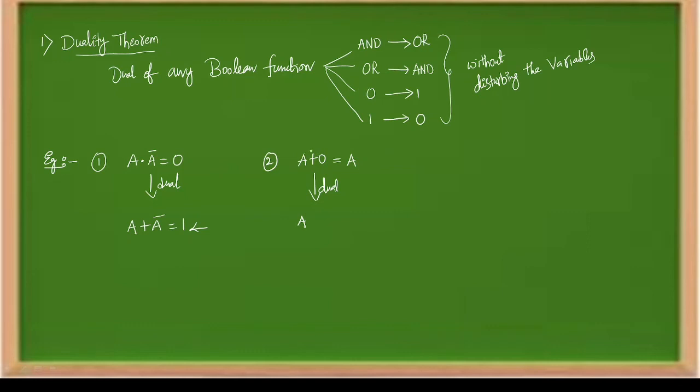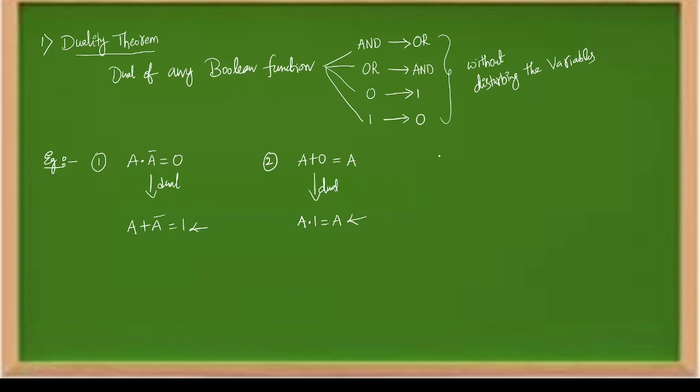Here you have OR operation, that's why I'm replacing this OR with AND. As I have 0 here, I need to replace it with 1, and it is equal to A. Okay. So it is also the same, and it is another postulate. Like this, you can find the dual of any Boolean function.